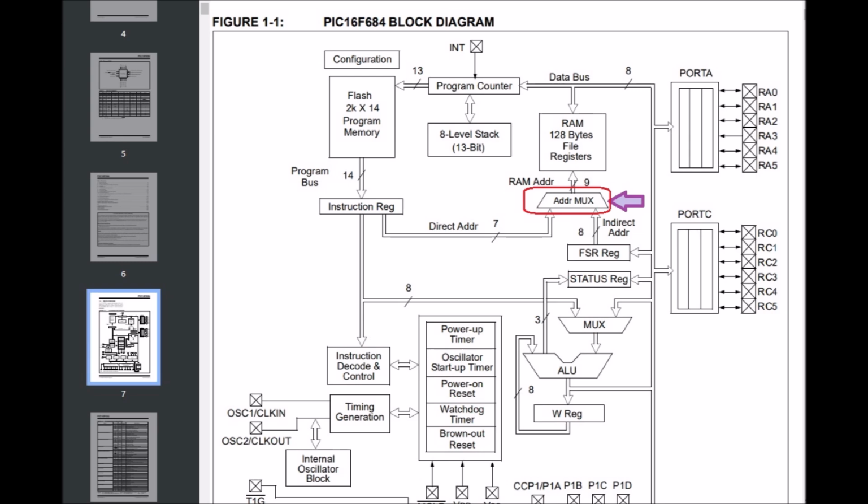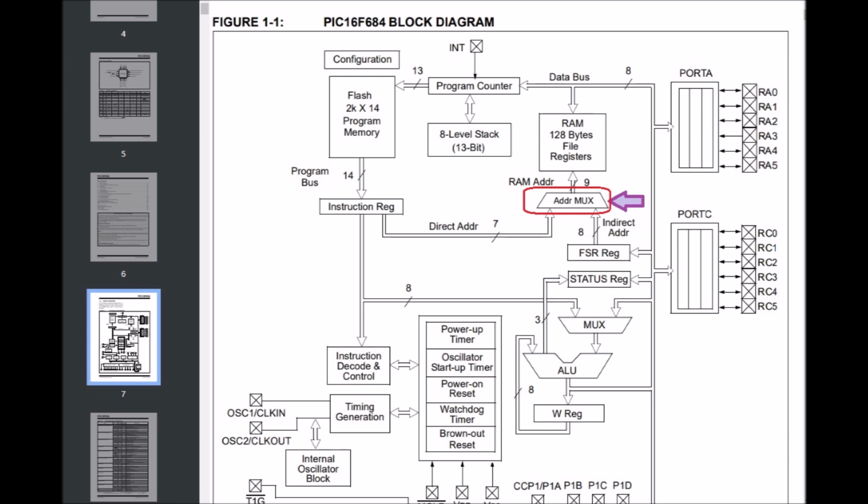Interrupts and jumps. When an interrupt occurs or a jump instruction is executed, the address multiplexer switches to select the new address provided by the interrupt vector or jump instruction, redirecting the execution flow to the appropriate memory location. Efficiency and control.